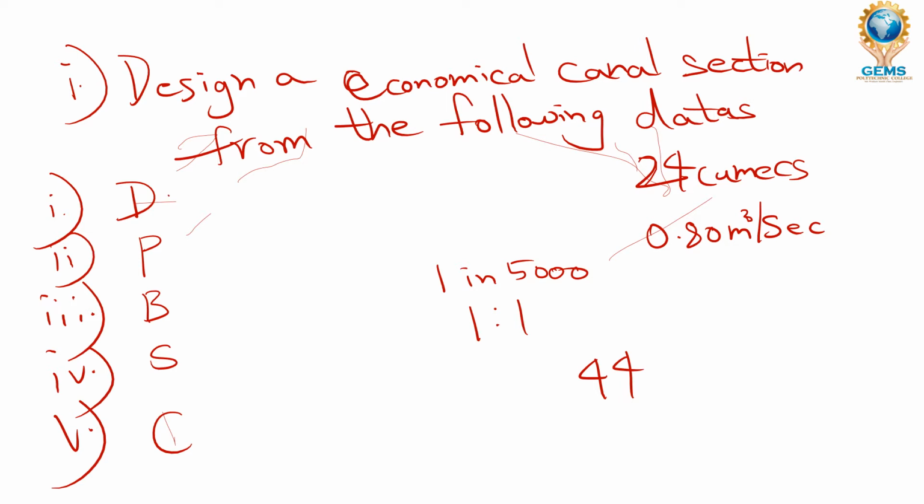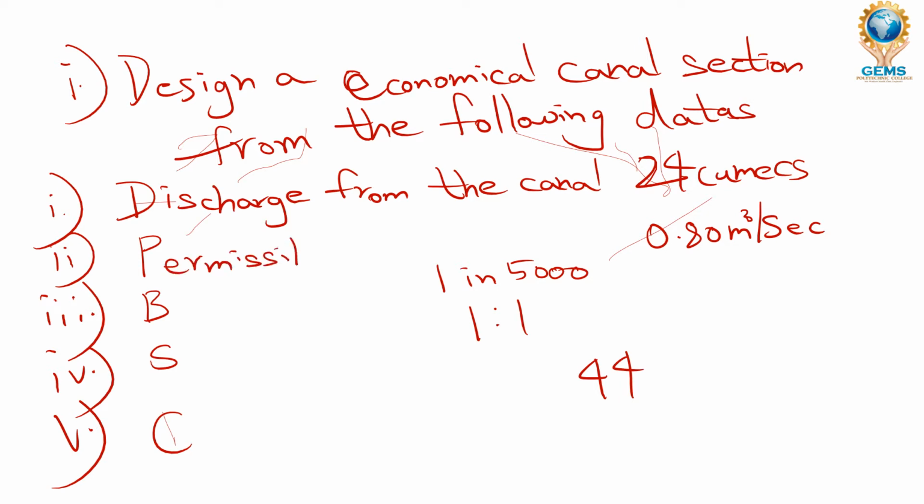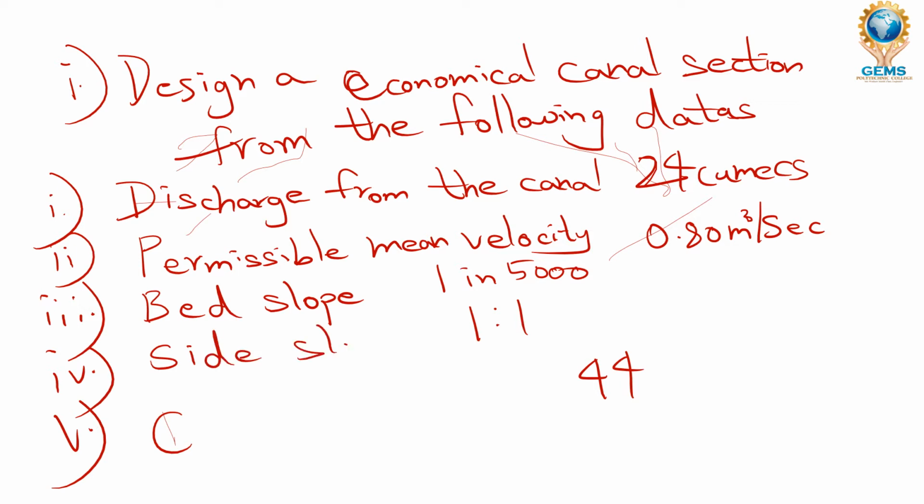First one is discharge from the canal, then P, which is permissible mean velocity, then B, which is bed slope, then S, which is side slope, then C, which is Chezy's constant. These are the values that will be given for you for solving this problem.